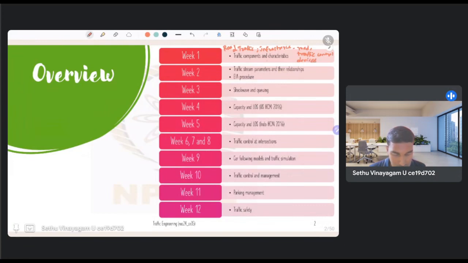And then we have the road users, and this could be drivers, passengers, as well as pedestrians and cyclists, so whoever is using the facility.